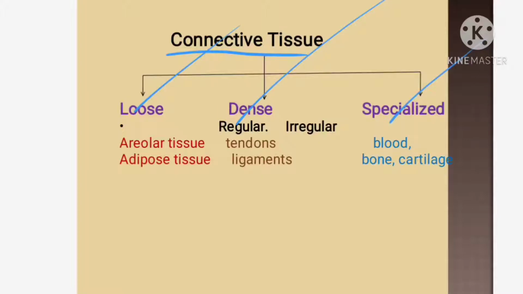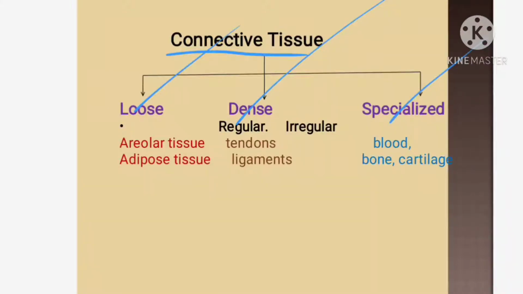Now, in loose connective tissue, as the name suggests, the cells are loosely packed. In dense connective tissue, the cells are tightly packed. And specialized connective tissue carries out some special role or special functions in our body, okay?